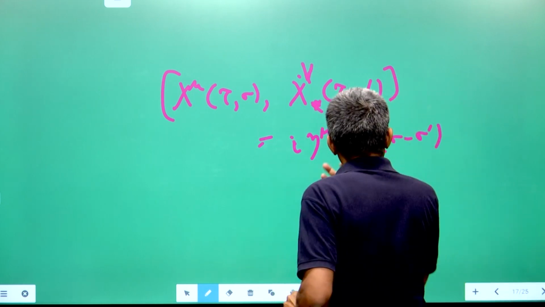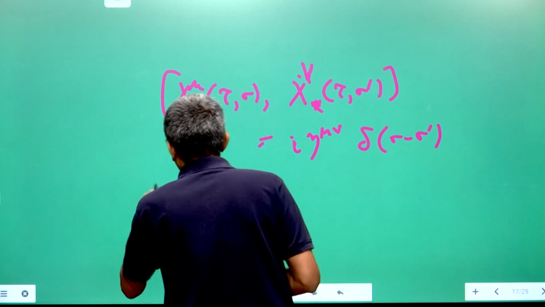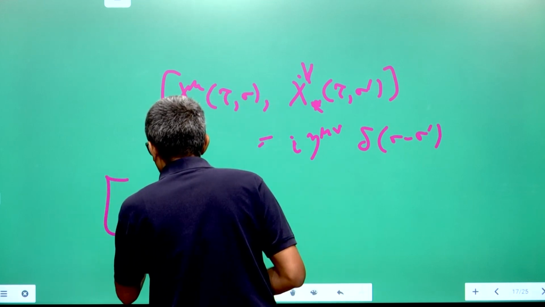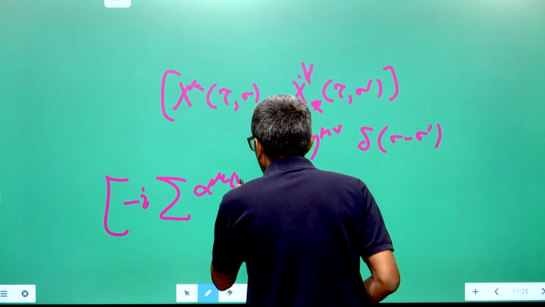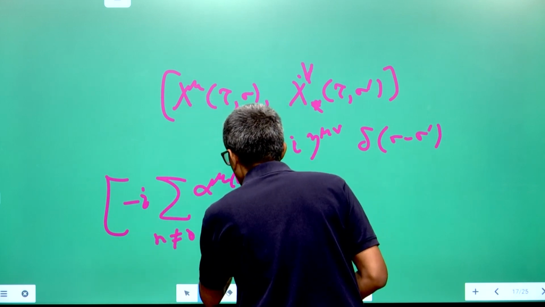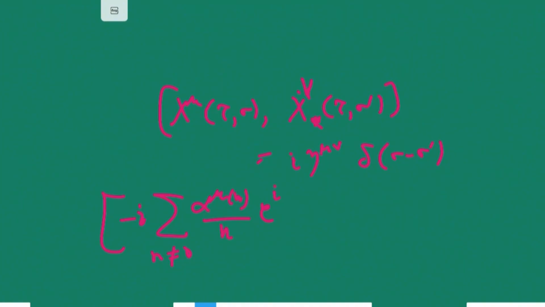If you write this down in terms of the Fourier series coefficients, you get minus i times summation alpha mu n divided by n e power i n tau minus sigma, comma summation alpha nu m by m.